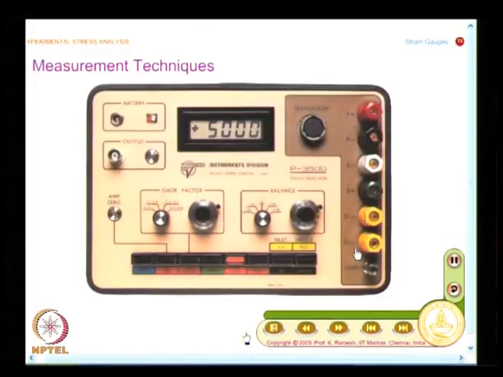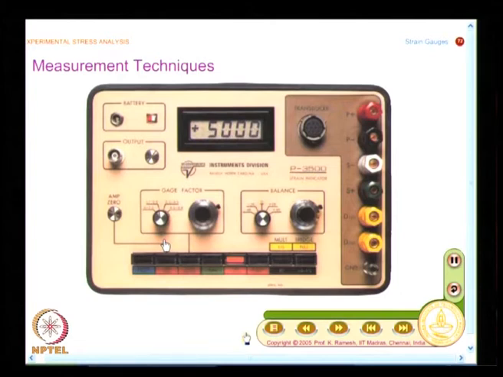It is not that you take a strain gauge, connect it to the strain meter, and measure the strain. It is not as simple as that, you have to make certain settings. So, one of the first steps is to check whether you have selected the correct completion resistors of the Wheatstone bridge. The second aspect is, you have a knob available for setting the gauge factor, and you all know that delta R by R equals S g into epsilon, and S g is like a multiplication factor.